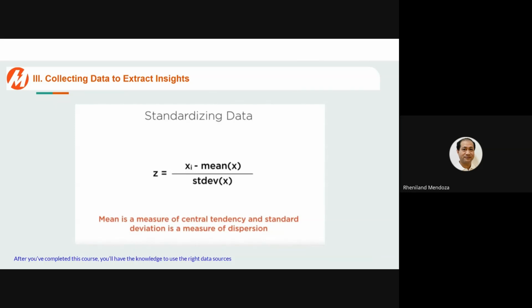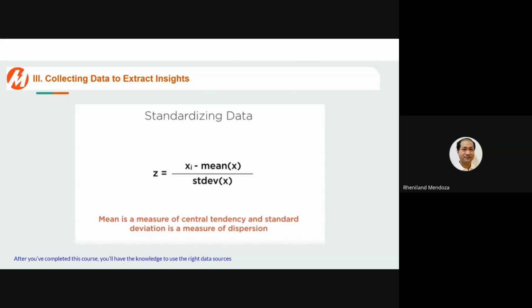This technique that we just discussed involves the use of the mean and the standard deviation. Mean, as you know, is a measure of central tendency, and standard deviation is a measure of dispersion.